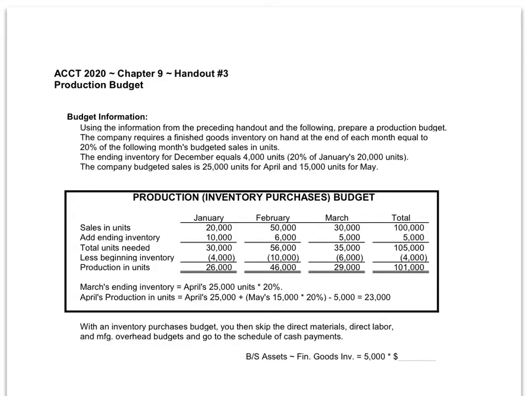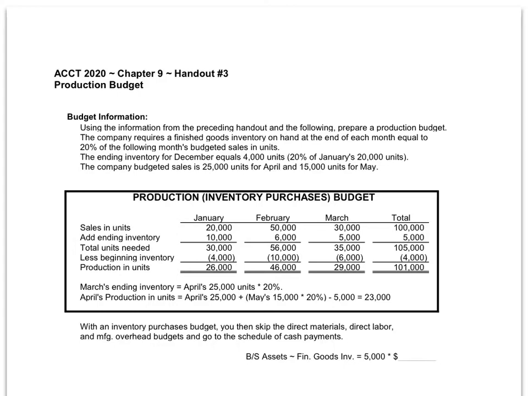Next budget we're going to prepare is the production budget. And the production budget starts with the sales in units, and we get this from the sales budget. You can just rewrite all those numbers from the sales budget. Now, companies always want to have some ending inventory in case they sell more than they actually think they're going to sell.